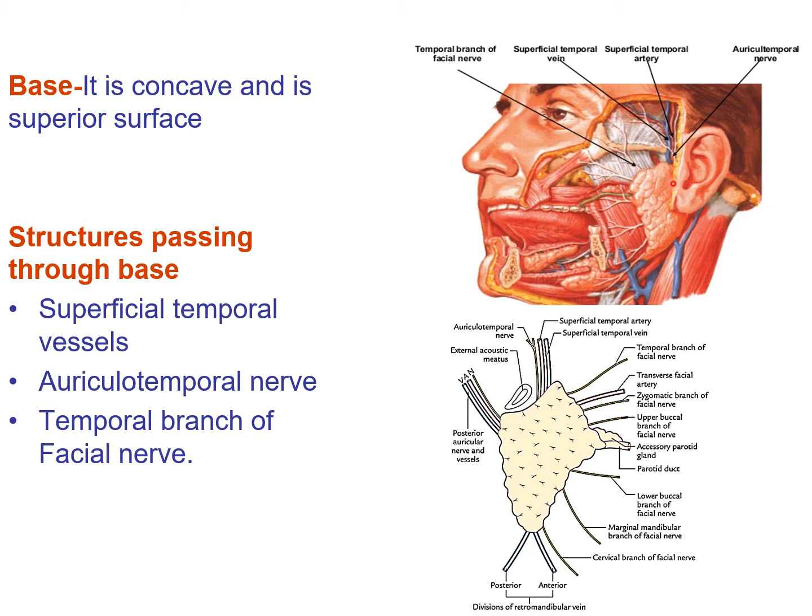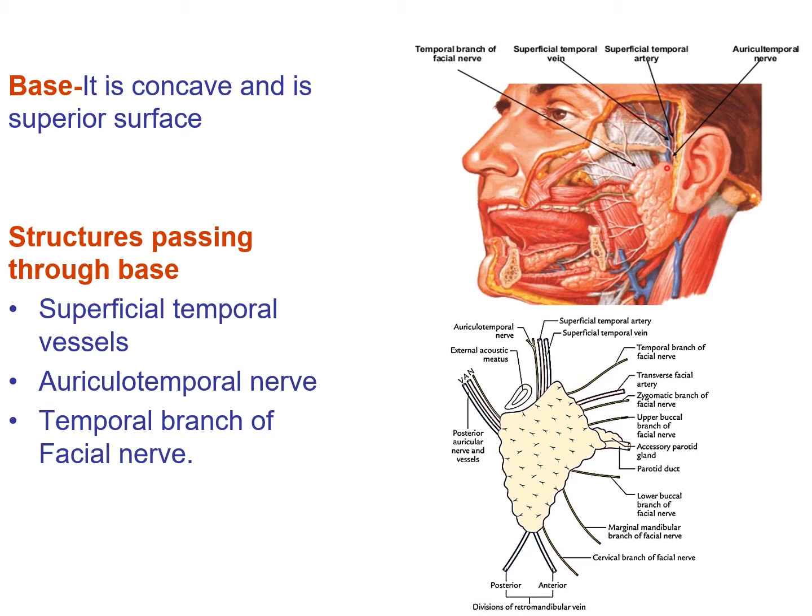The base is concave and forms the superior surface, and it is related to the external acoustic meatus and the posterior part of the temporomandibular joint. The structures passing through the base are the superficial temporal vessels, that is the superficial temporal artery and the superficial temporal vein, also the auriculotemporal nerve, and the temporal branch of the facial nerve.